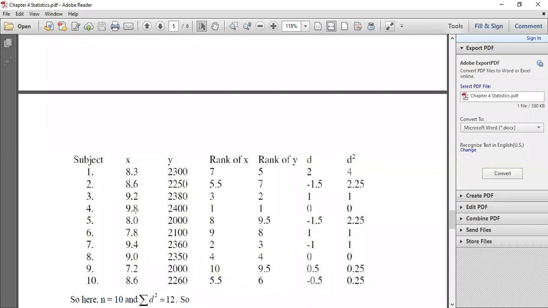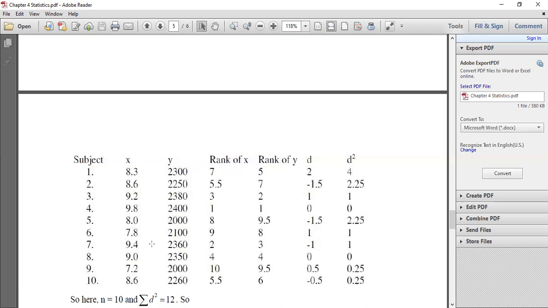The next one is 9.2, rank number 3. The next one is 9.0, rank number 4. From 9.0, we go to 8.6. So you have subject 2, 8.6, then subject 10, 8.6.